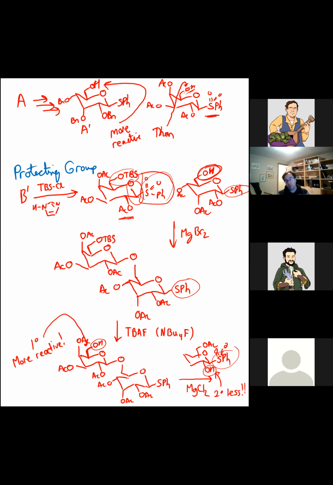We're able to control which of the anomeric activating groups are activated based on the oxidation state of the sulfur, and we can oxidize up, or it's actually kind of hard to reduce down, though possible. But you tend to reduce a lot of other things too. And then we also take advantage of the inherent reactivity difference between a primary and a secondary alcohol to give us the kind of reaction we want.